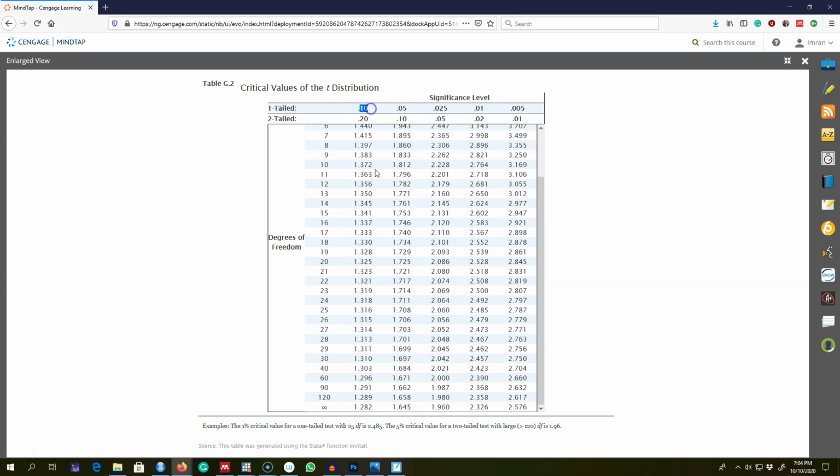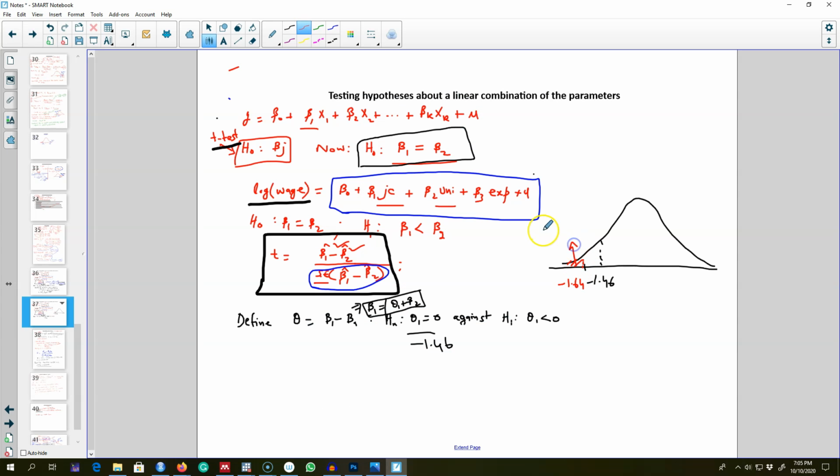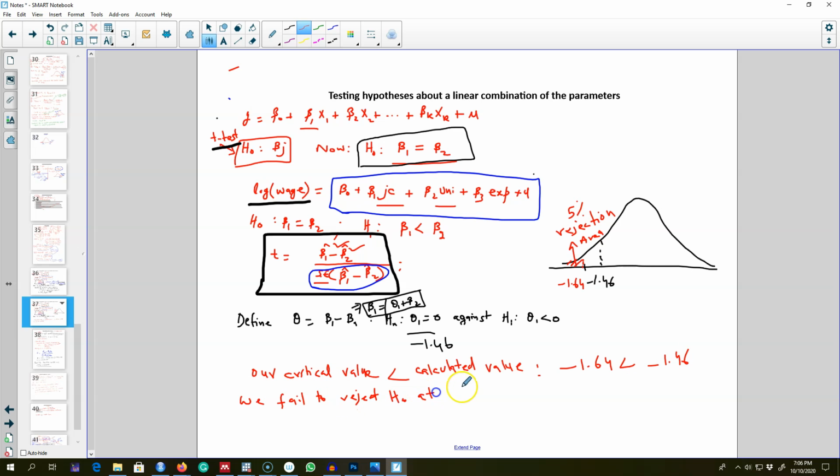And at 10%, the critical t-value is 1.28. So that is our rejection region at 5%. And because our critical value, minus 1.64, is less than our calculated value, minus 1.46, we fail to reject H0 at 5%.